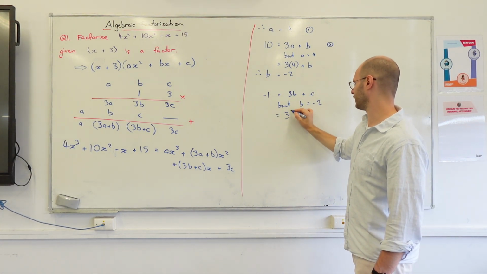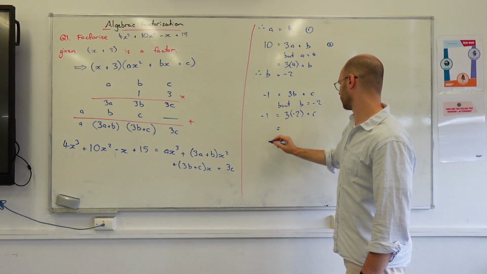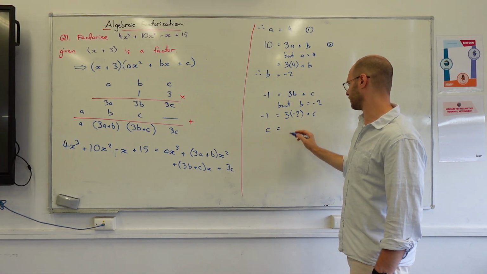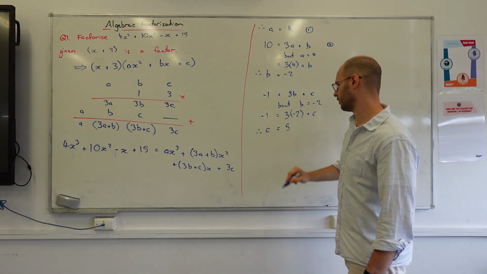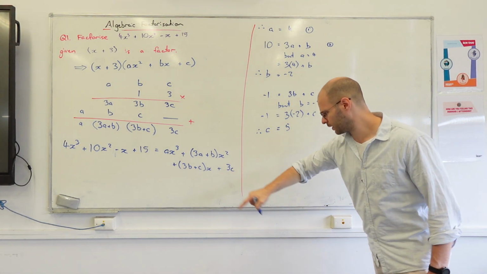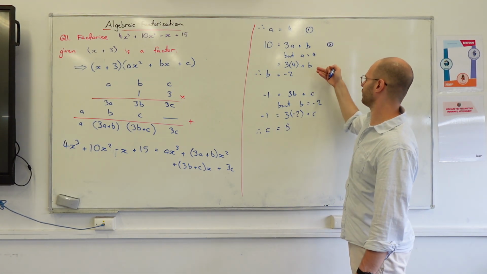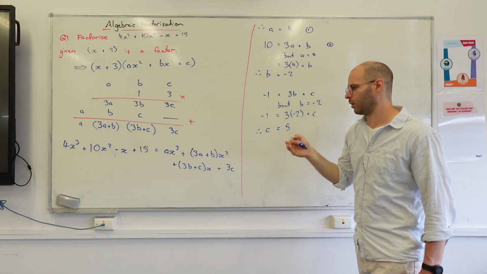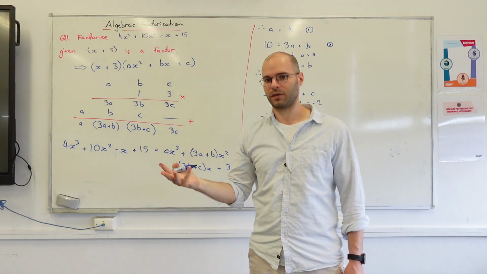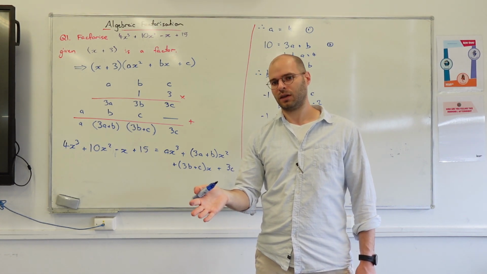So if we sub that in, that's going to be minus 6, so c will be 5. And here, we've got all our values for a, b, c, but we're able to make 4 different equations, not 3. 3 unknowns, but 4 equations.